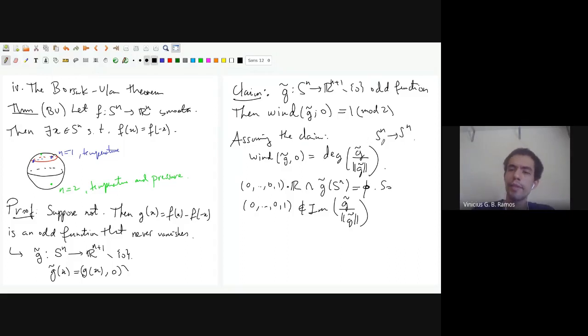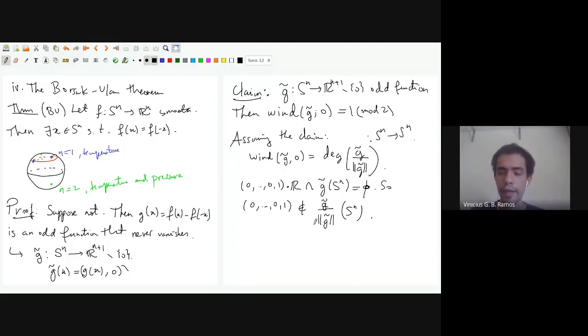So what I'm doing is I found an element that's not in the image of this function. It's always a little hard to write in this. So it cannot be in the image of g tilde over the norm of g tilde, because otherwise there would be an intersection here.